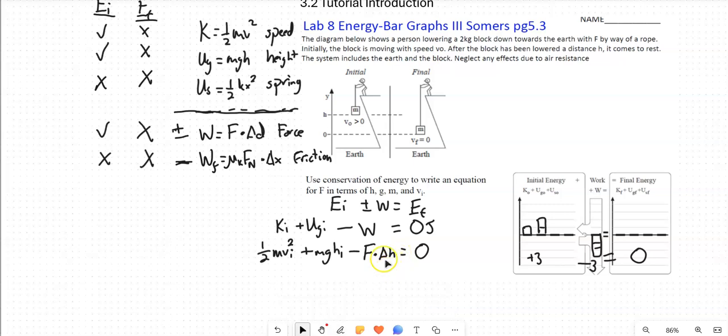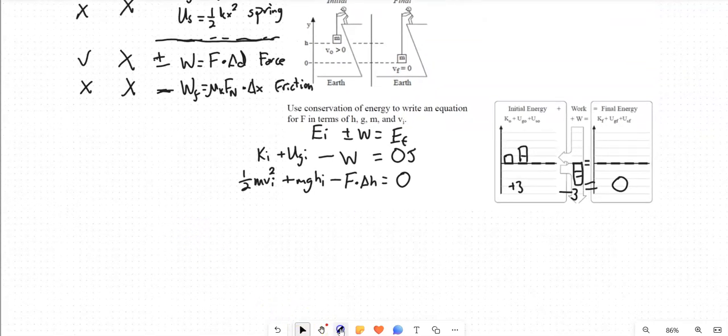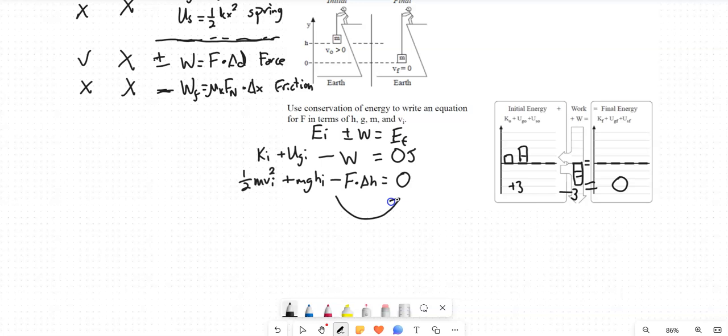So now we need to solve for F. So what we're going to do is add this onto the other side. So this is going to be 1/2 mvi squared plus mghi, and that's equal to F times delta H. Delta H, by the way, in this case, I'm going to rewrite this right now, is just H minus 0, right?